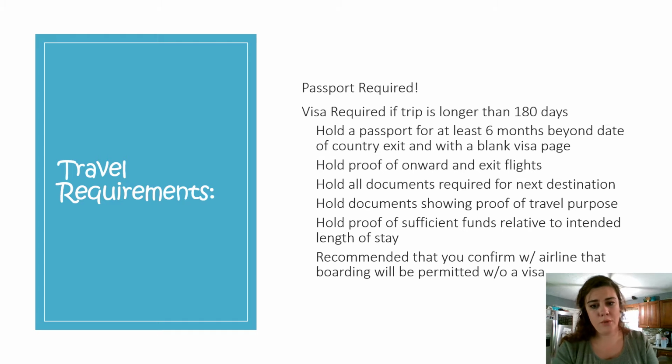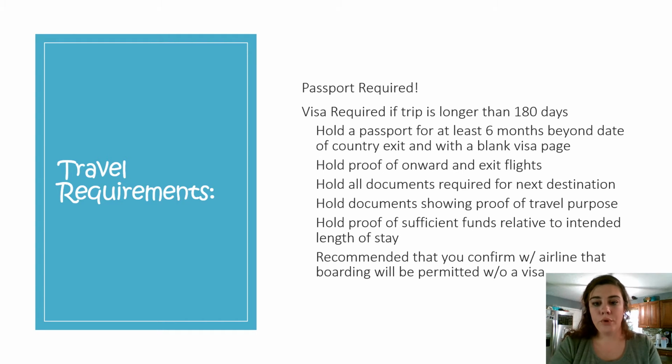So some of the travel requirements are that you have to have a passport, and a visa is required if the trip is longer than 180 days. Some of the requirements for that are that you have to hold a passport for at least 6 months beyond the date of exit from the country and leave a blank visa page.